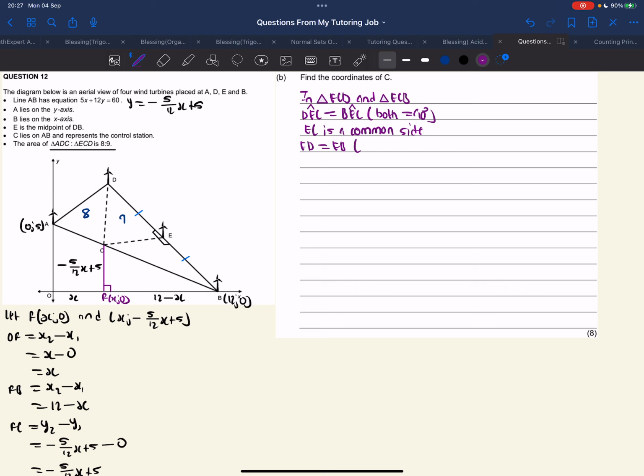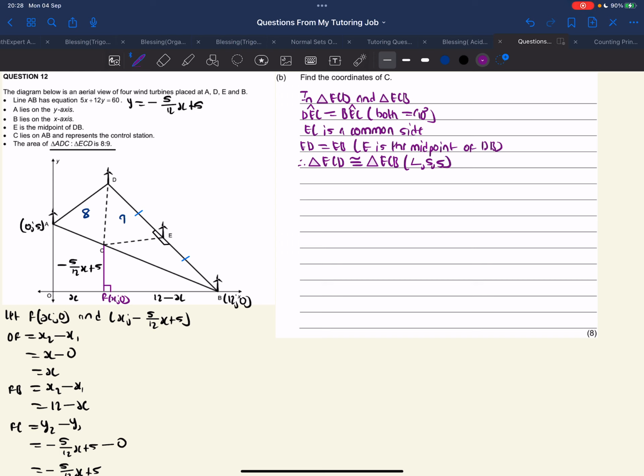And the reason for that is they told us that E is the midpoint of DB. All right, so that means that therefore triangle ECD is congruent to triangle ECB, and the reason for that is angle side.